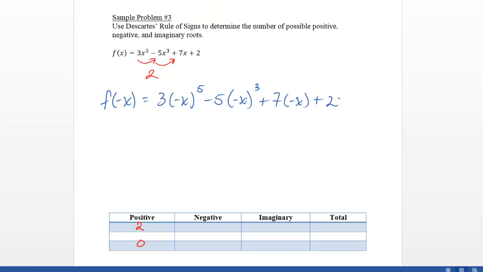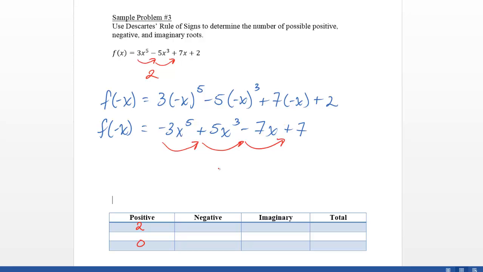We replace x with negative x, and then we just need to consolidate that so that we can see our sign changes. Now that we've finished consolidating it, we can see our sign changes, which go from a negative to a positive to a negative, and a negative to a positive. That's 3 possible negative roots, or less than that by an even amount.